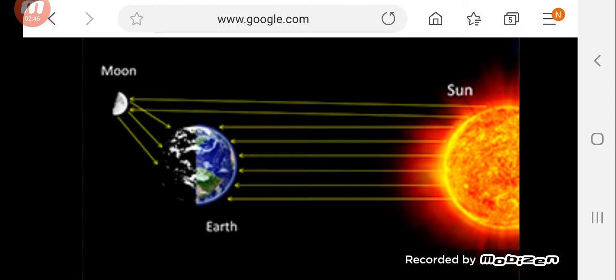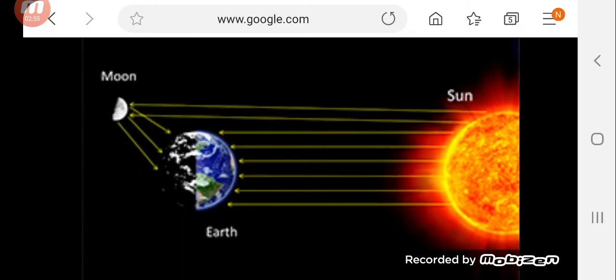We have the sun that sends straight and parallel rays that hit the surface of the moon, and from the spherical moon the reflected light should light up the whole side of the Earth that is facing towards the moon.